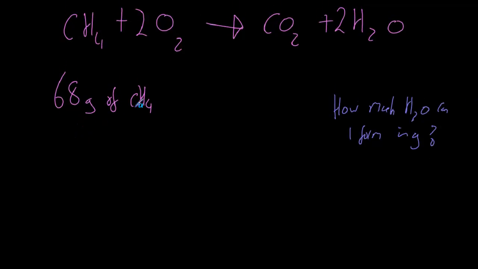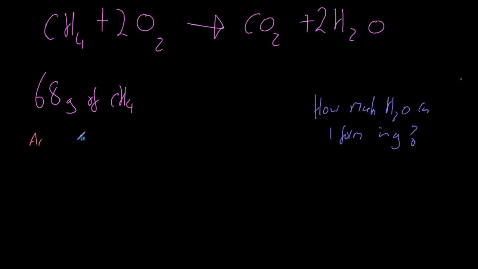Now 68 grams of CH4, first we need to figure out how much one mole actually weighs. So we have carbon, which has an AR of 12, and hydrogen has an AR of 1. So therefore the formula mass of methane is 12 plus 4 hydrogens, so 4 lots of 1, which is 16.